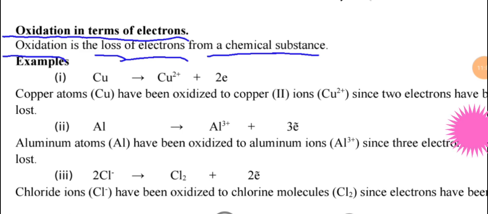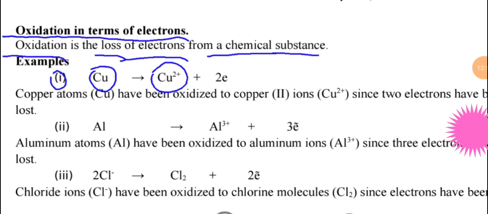For example, we have copper. We understand that copper is a metal, and all metals react by losing electrons. And when metals lose electrons, they form ions, and those ions are every time positively charged.